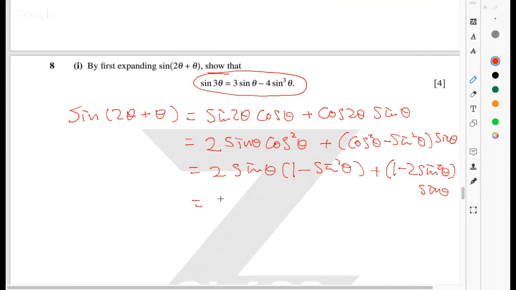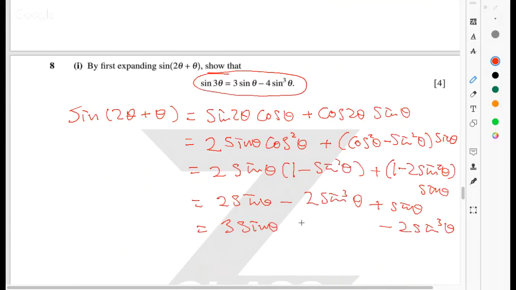And that will give you 2 sine theta minus 2 sine cubed theta plus sine theta minus 2 sine cubed theta. And that gives you the answer of 3 sine theta minus 4 sine cubed theta.